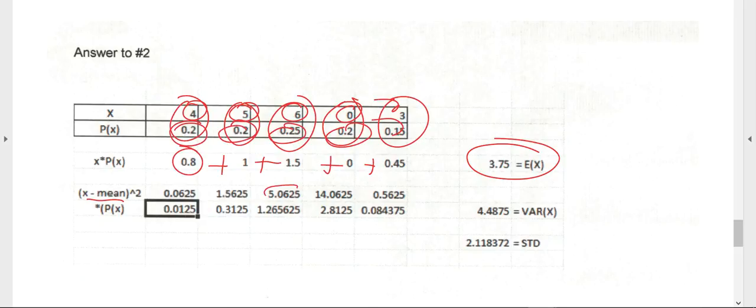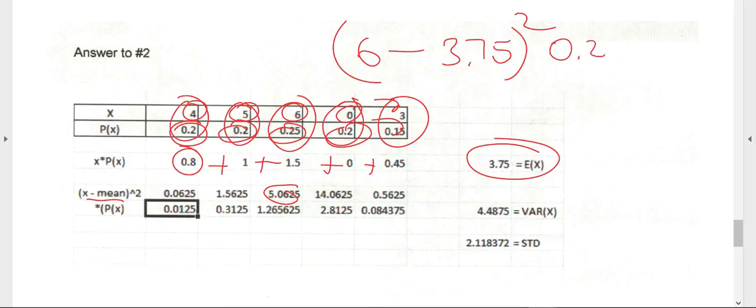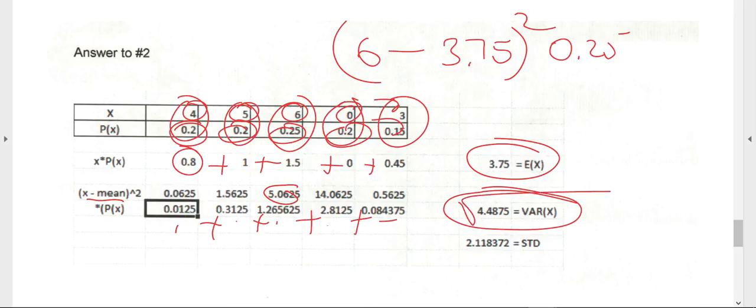So for example, this number here was obtained by taking 6 minus the mean, squaring it, then multiplying it by 0.25. And that's what's happening with each one of these, and then they're added up. When I add them up, I get the variance, and the standard deviation is the square root of the variance. Good luck. Wish you the best.